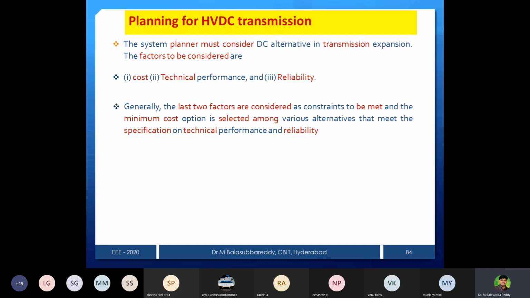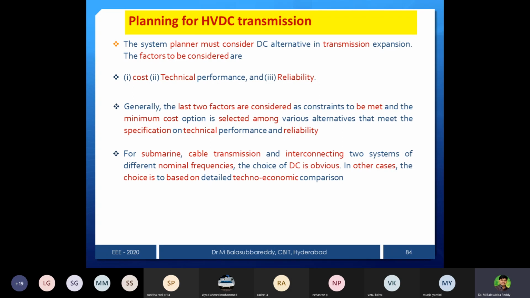That is somewhat you can consider, but finally, technical performance and reliability must be met. Minimum cost option is selected among the various alternatives that meet the specifications. Once these things are met, then we can see how much we can use that cost factor in that area.